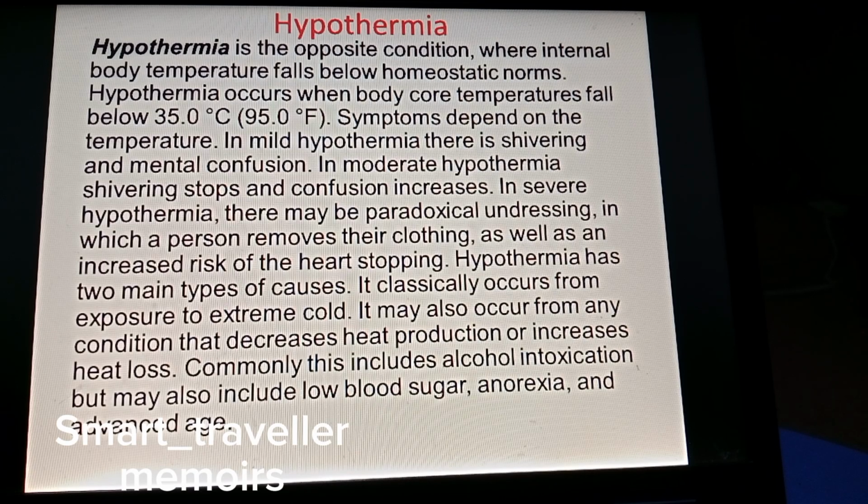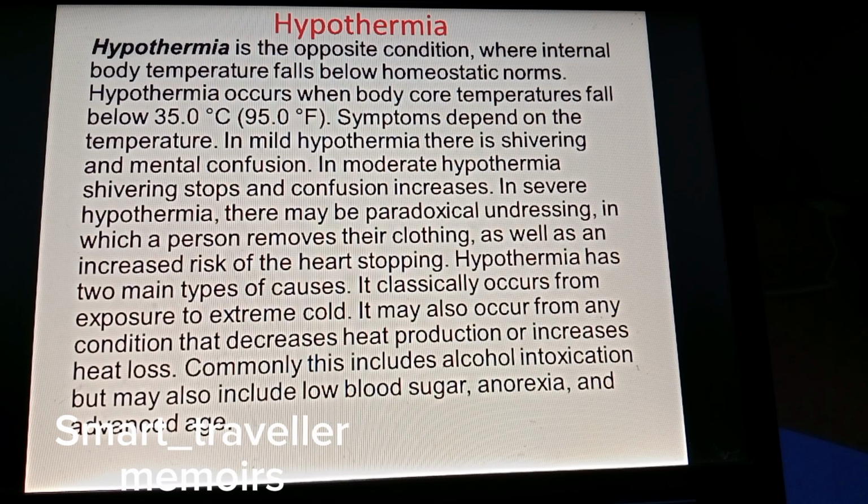In moderate hypothermia, shivering stops and confusion increases. In severe hypothermia, there may be paradoxical undressing, in which a person removes their clothes, as well as an increased risk of the heart stopping.